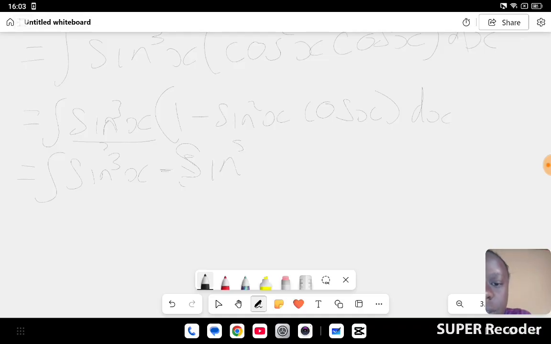Sine to the power 5 multiplied by cos, like this. Then don't forget the x.